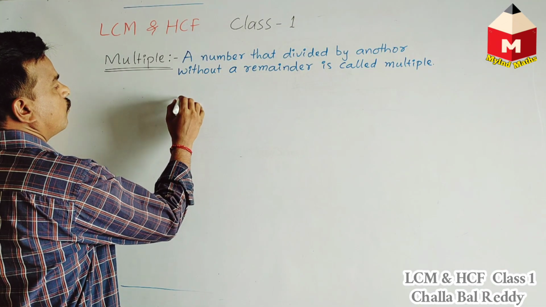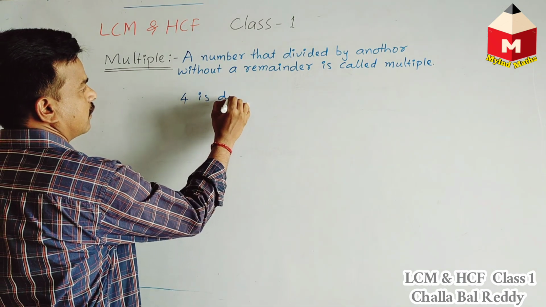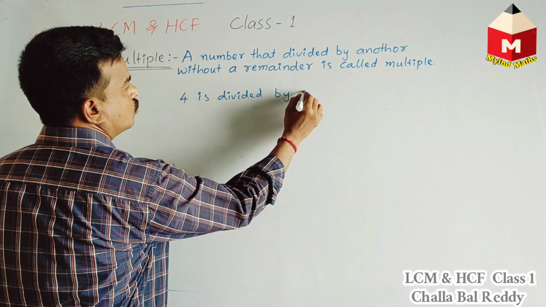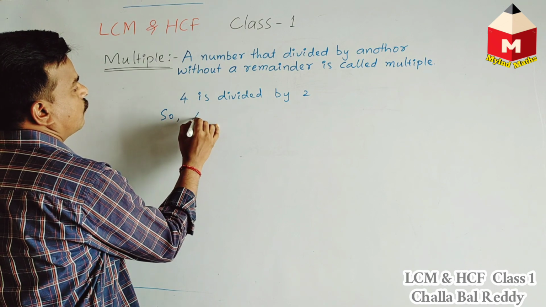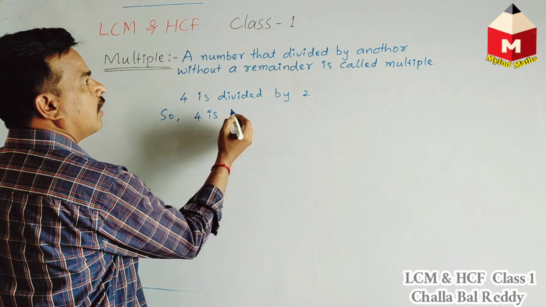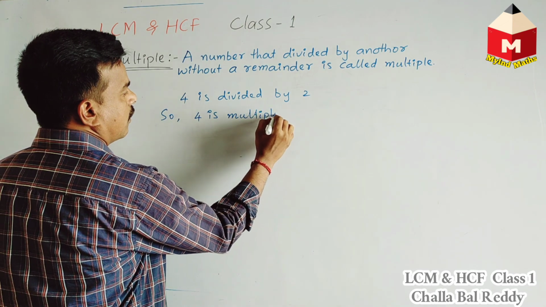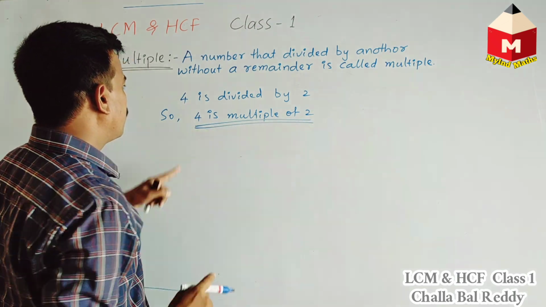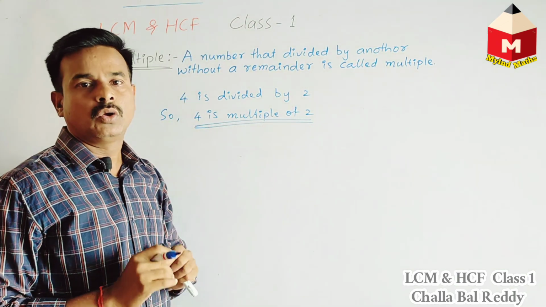For example, 4 is divided by 2. So here 4 is a multiple of 2. This is important. 4 is divided by 2. That is why 4 is a multiple of 2.